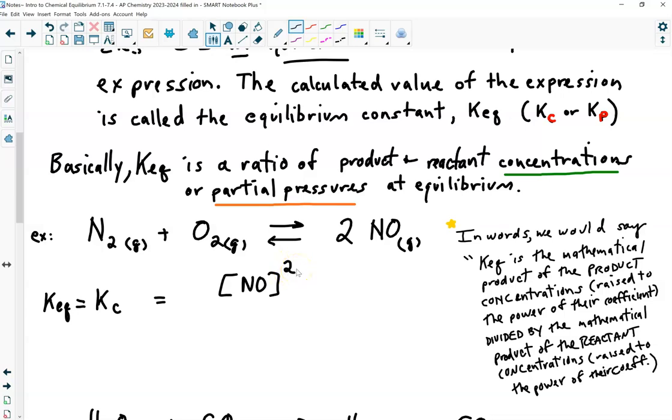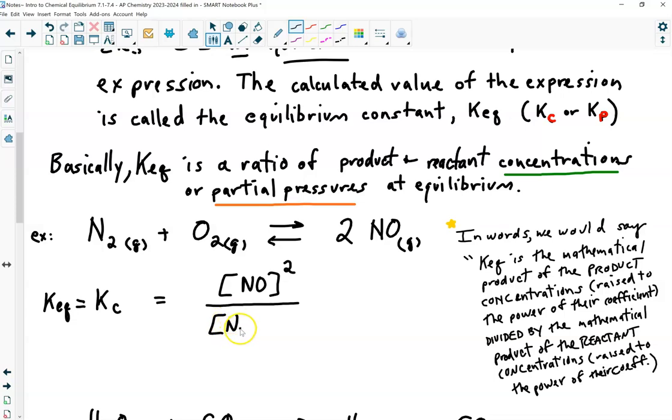So the numerator, the product concentration, is raised to the power of its coefficient. And this is what Goldberg and Waage found. And you divide that by the reactant concentrations, raised to the power of their coefficient. That's the denominator of the equilibrium constant.